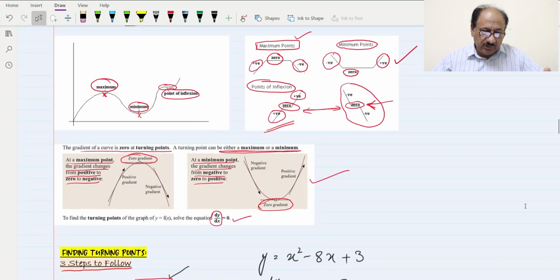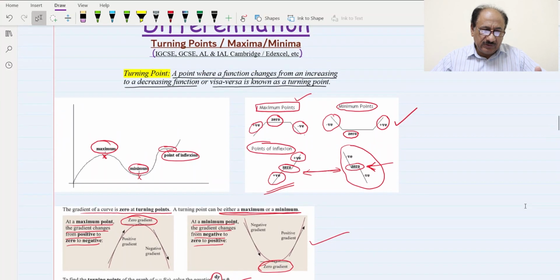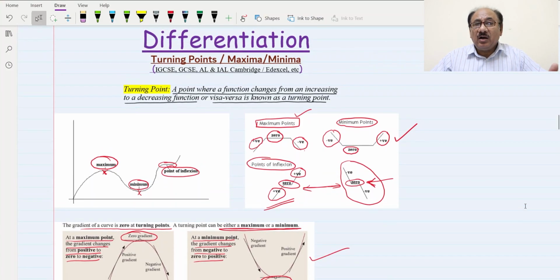I have explained these things graphically, and there are other incoming videos in which I will be explaining increasing function and decreasing function. Plus, I will be taking separately all the differentiation rules in one video.